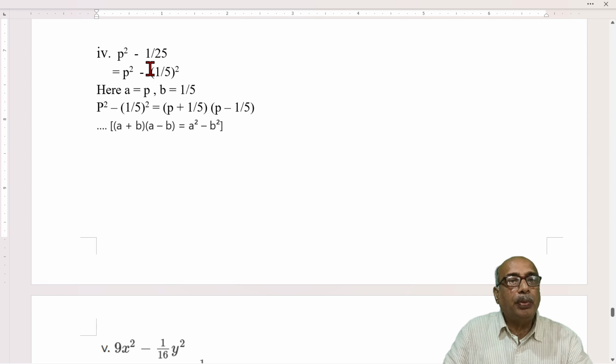Here p square minus 1 by 25 equals p square minus 1 by 5 whole square. Here a equals p, b equals 1 by 5. So p square minus 1 by 5 whole square equals p plus 1 by 5, p minus 1 by 5 using the expansion formula.